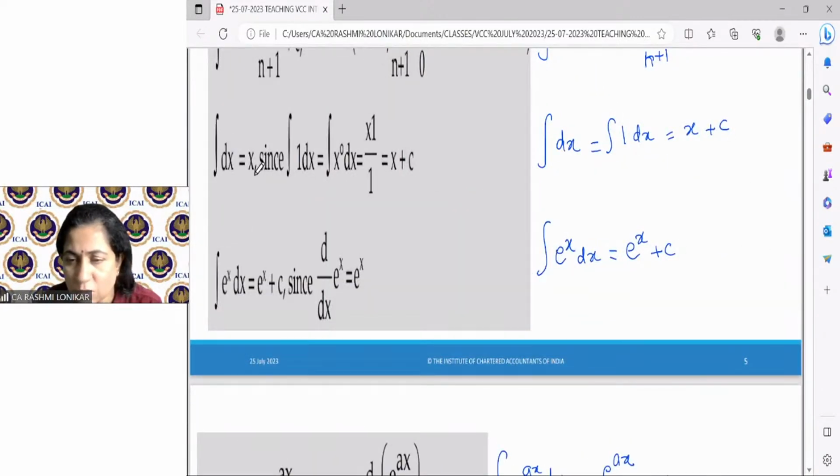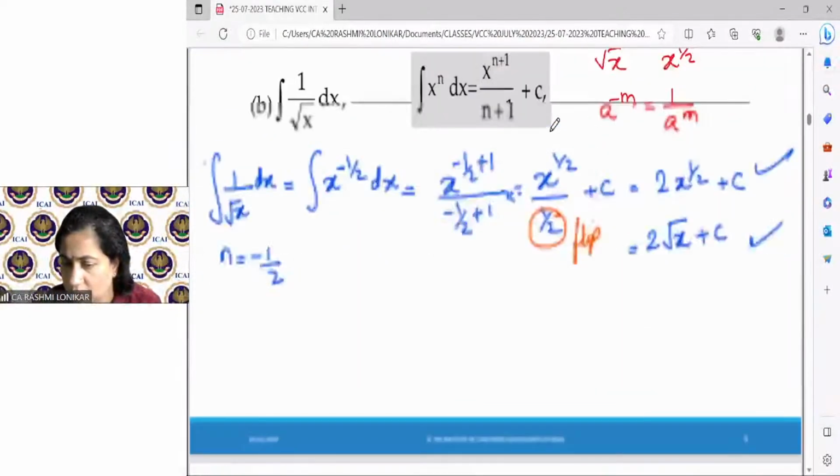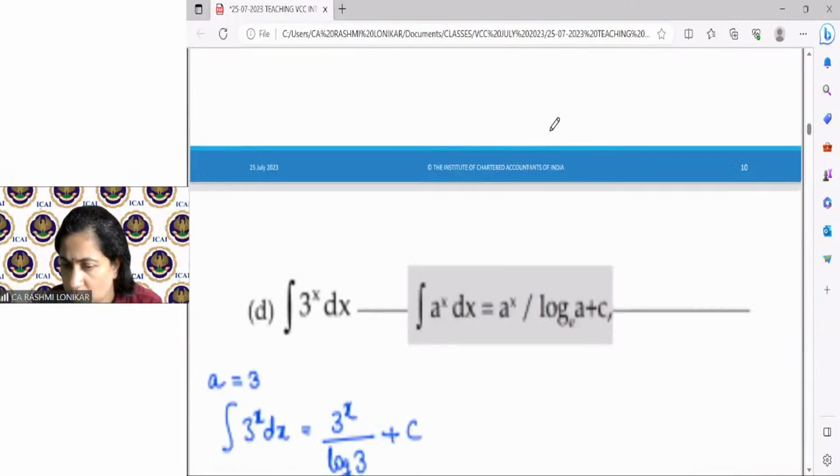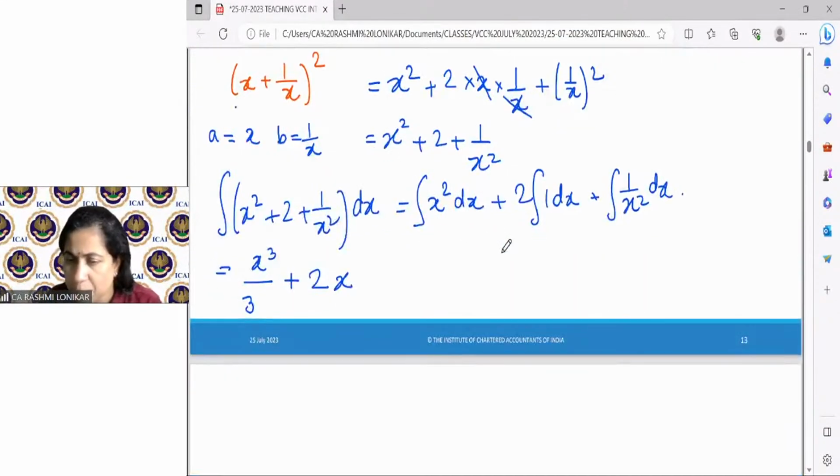Integral dx is equal to x. So we are using this formula. And 2 being a constant, it is out of the integration.